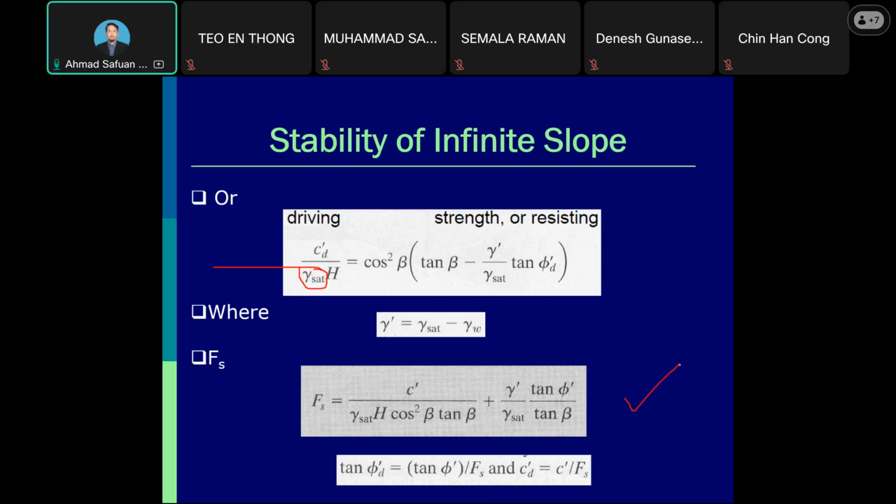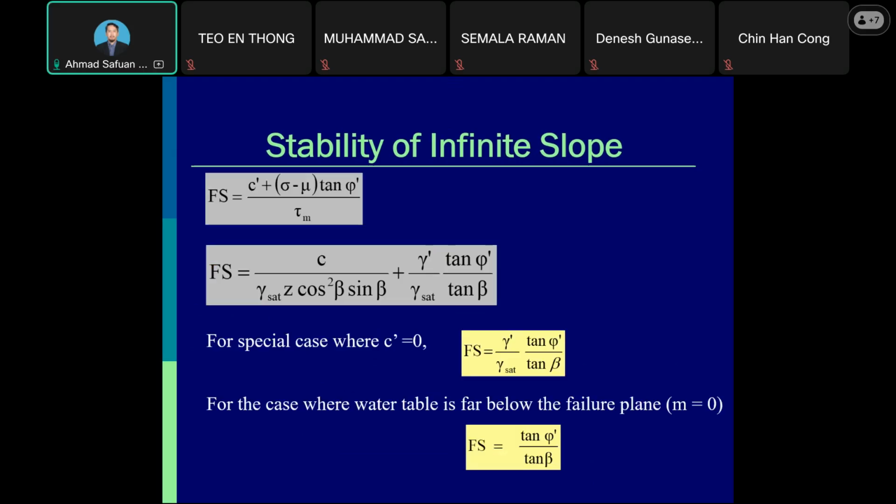That is the factor of safety for this seepage type of slope.